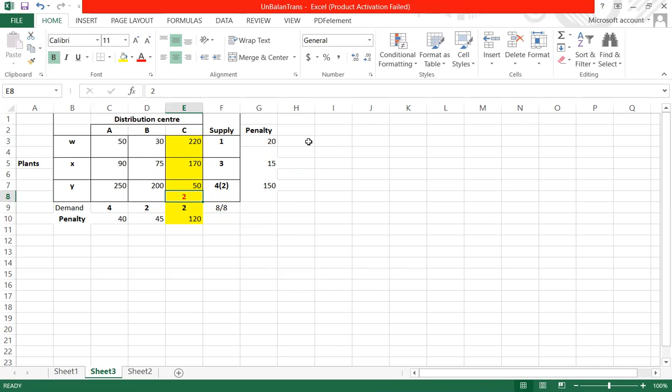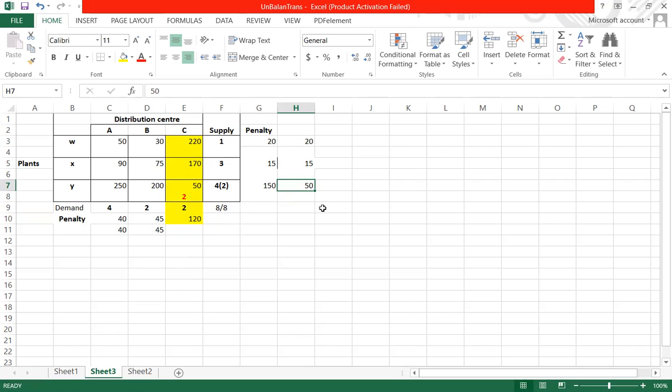Now again we will calculate the penalties. 50 and 30 difference 20, 90 and 75 difference 15, 250 and 200 difference 50. Column penalties: this one remains 40 and this one 45. So the highest penalty is this 50.